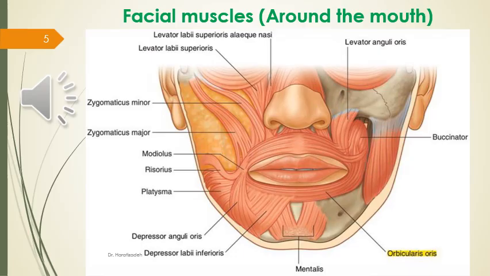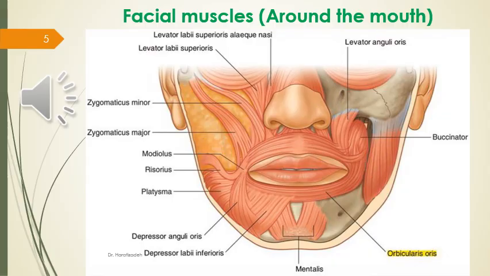Another muscle is risorius or laughing muscle. This muscle originates from the parotid fascia and inserts into the angle of the mouth. During laughing, it helps pull the angle of the mouth laterally. Another one is buccinator. It is deep in comparison with other muscles.